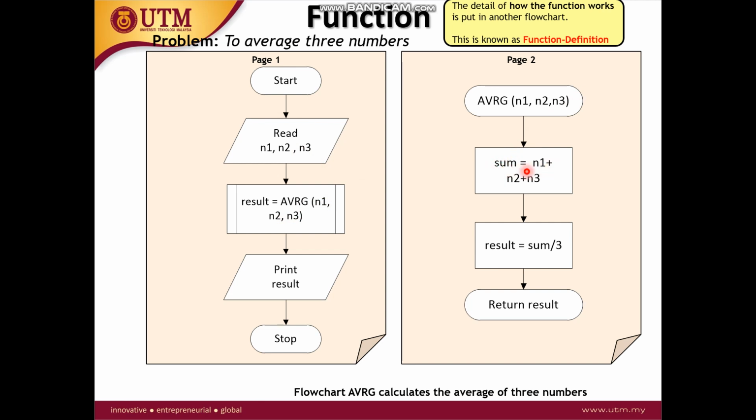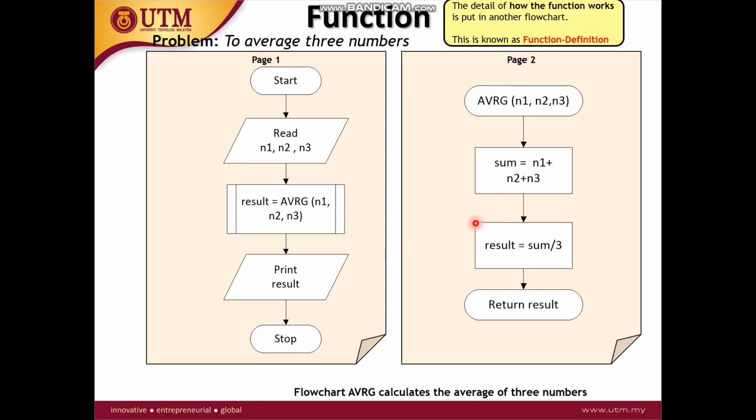calculates the summation of them, n1 plus n2 plus n3. Then the result is what? Taking the average of them, sum divided by 3, and it returns the result. This result is going to be given to this result variable.